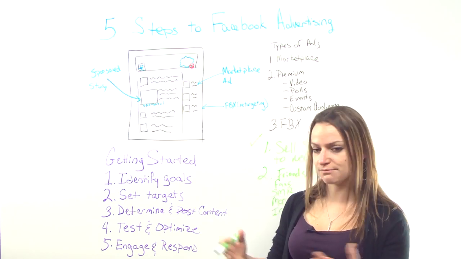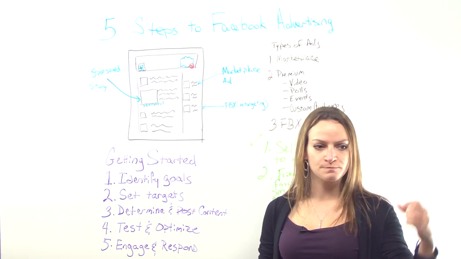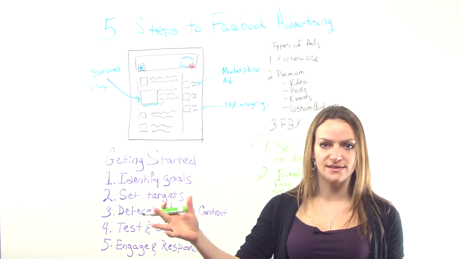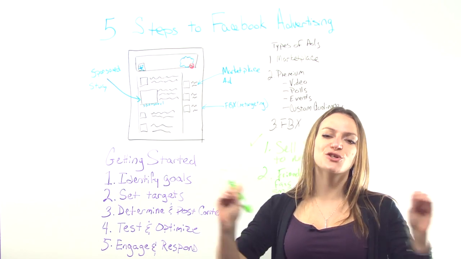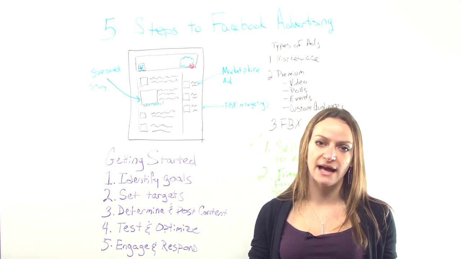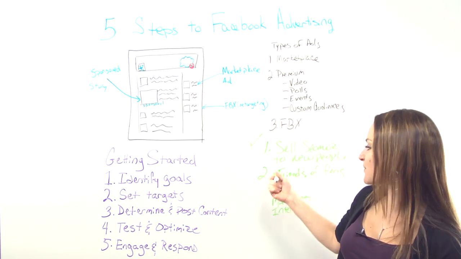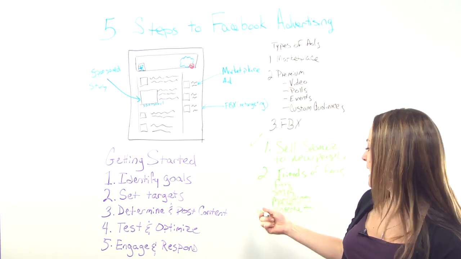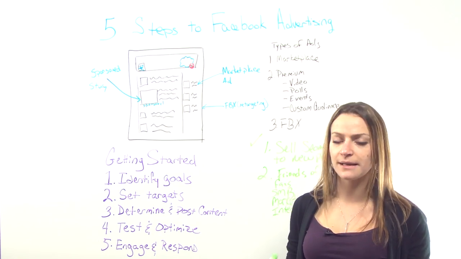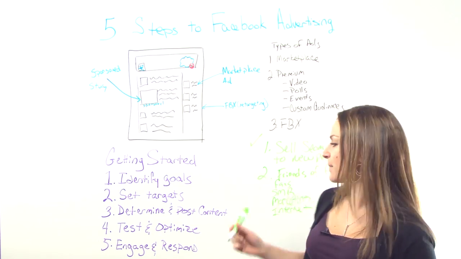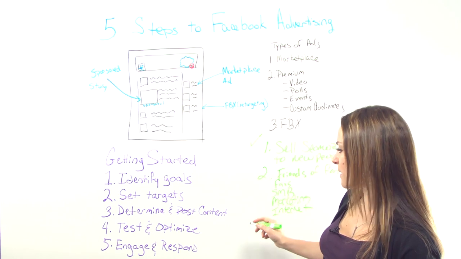So if you're Salesforce and we're advertising CRM and we're also advertising a customer support application, it's going to be two different ad copies. If you're advertising to friends of fans and to people that are identified as interested in marketing, you need different ad copy. So start by having different ad copy.